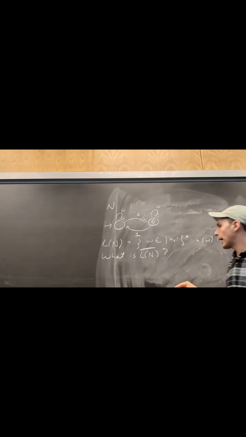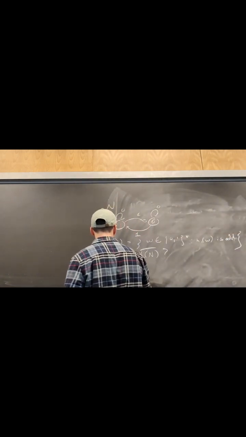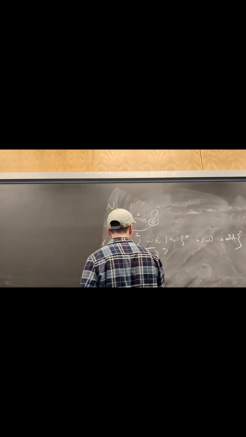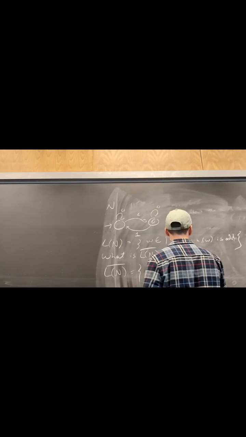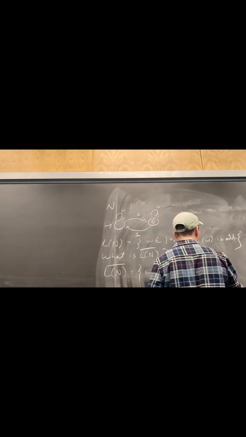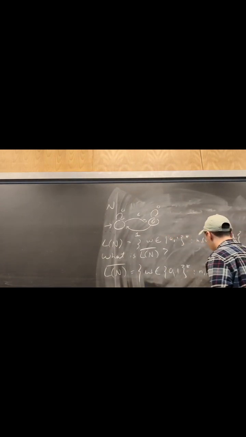So L of N complement is where the number of ones in W is even.